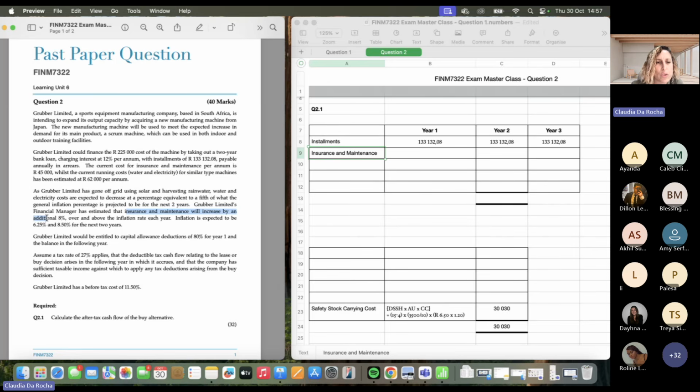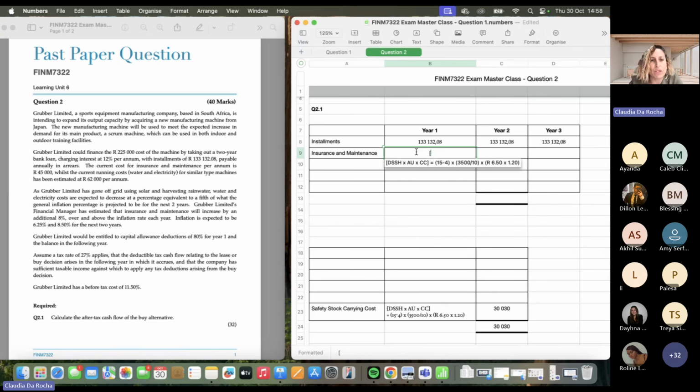We know it's going to be increasing by an additional 8% over and above the inflation rate each year. And inflation is supposed to be 6.25 and 8.5. So what does that mean? Here, when we are calculating our cash flow, we take in the 45,000.